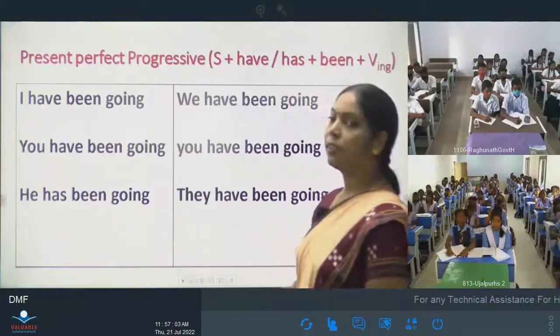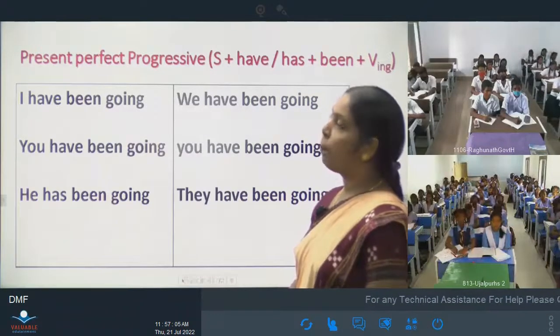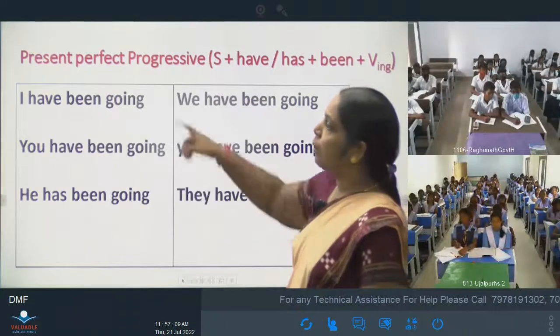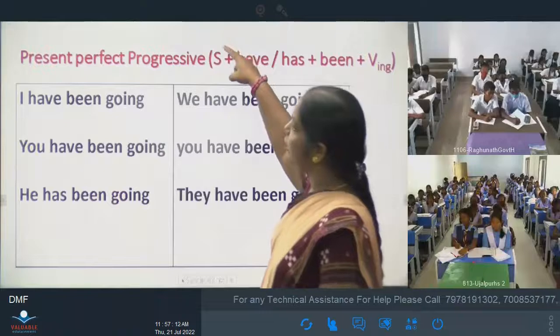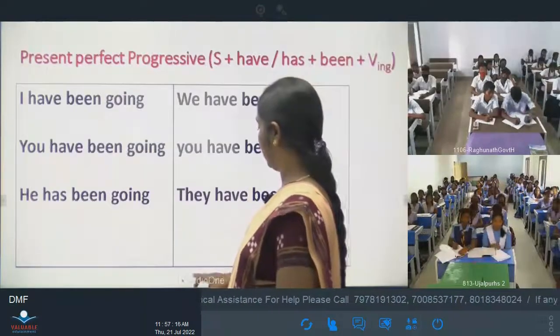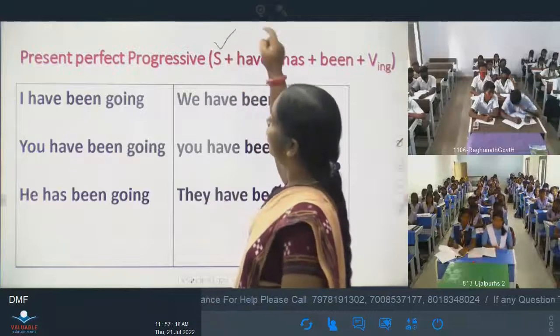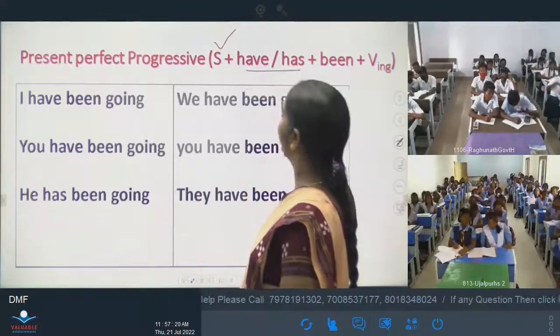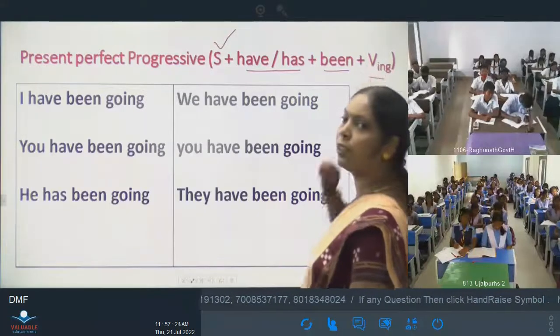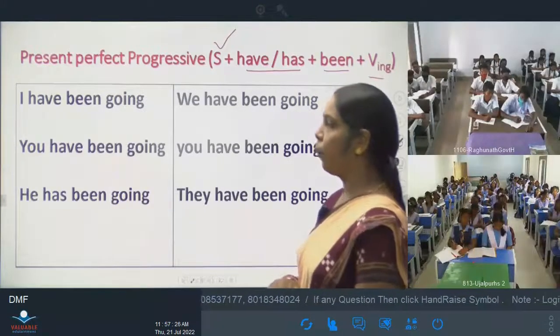Now let us see the structure of present perfect progressive and its form. Present perfect progressive, the structure is: subject, have or has, plus been, and the verb with its ing form.